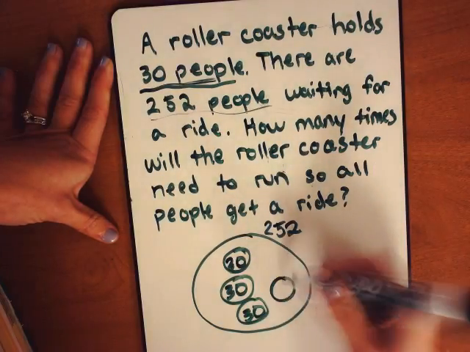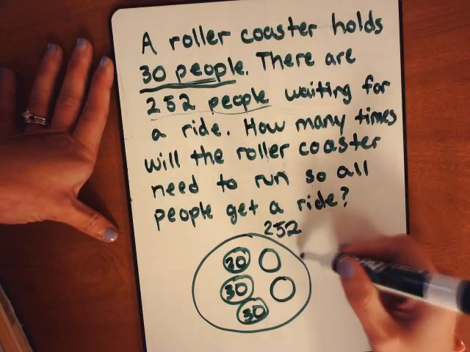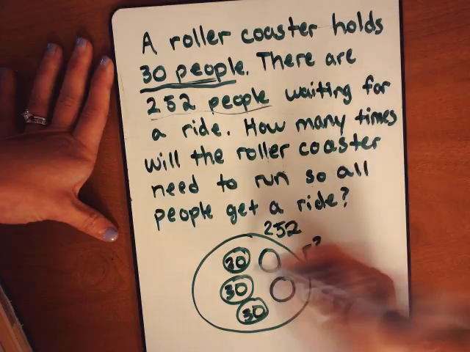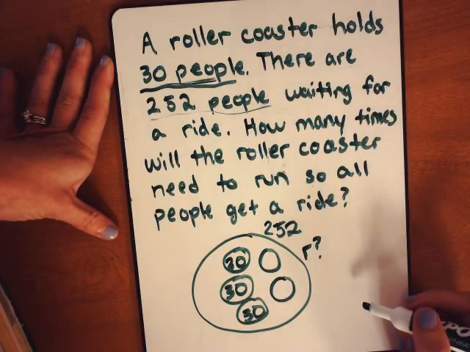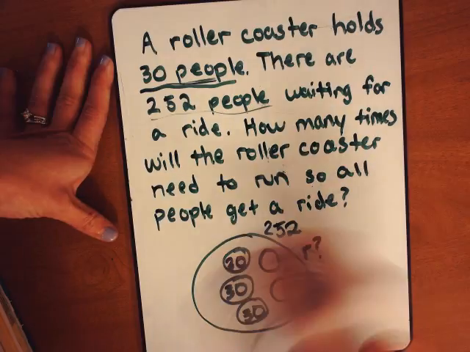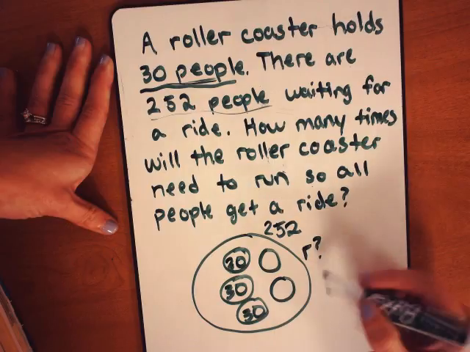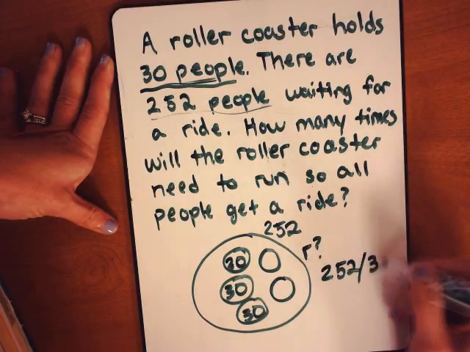Okay, so I'm going to try and figure out how many R's are there when R is my ride. So my number model to represent the problem would be 252 divided by 30 to figure out my number of rides right there. So 252 divided by 30.